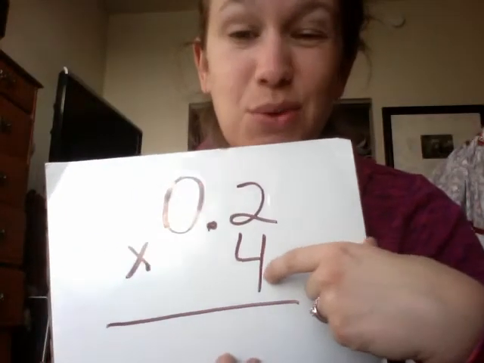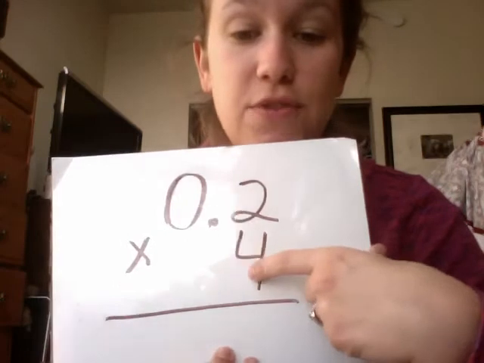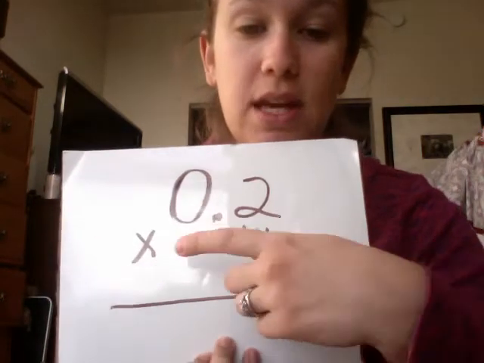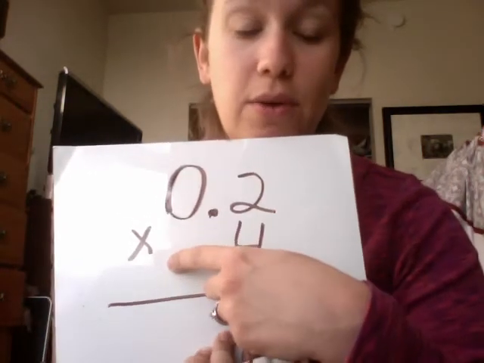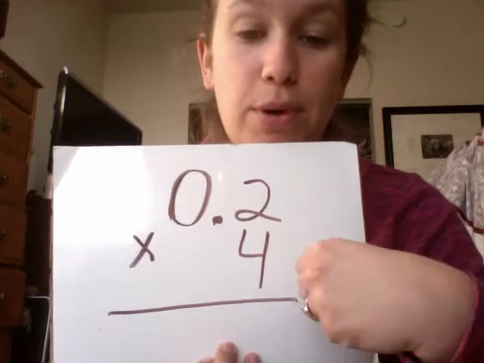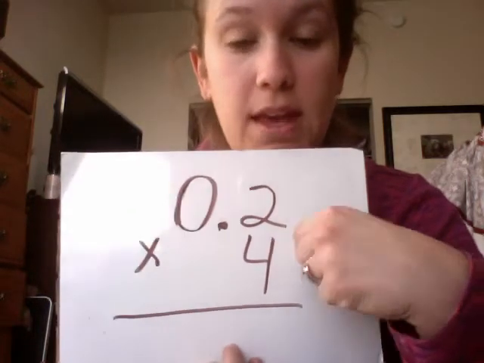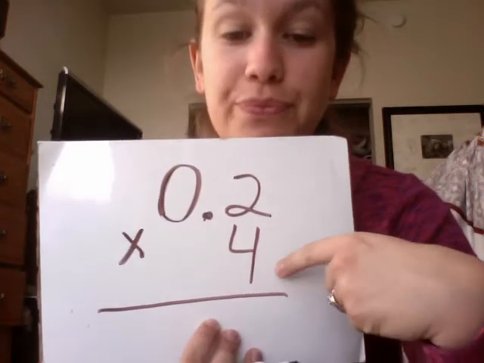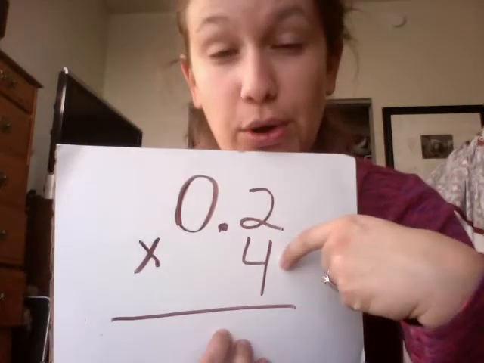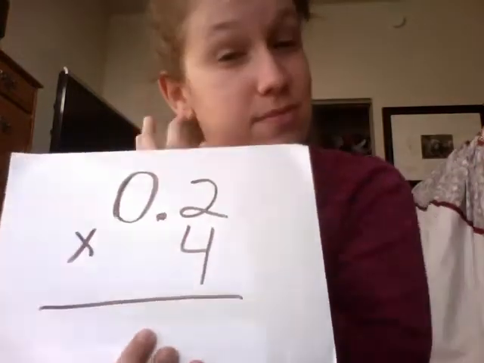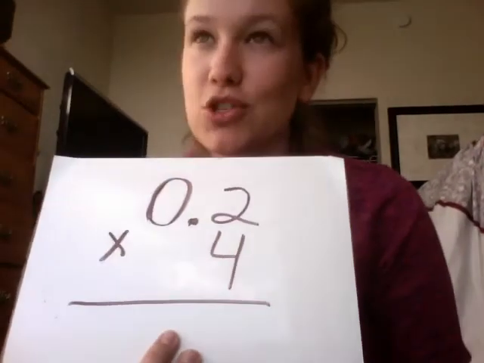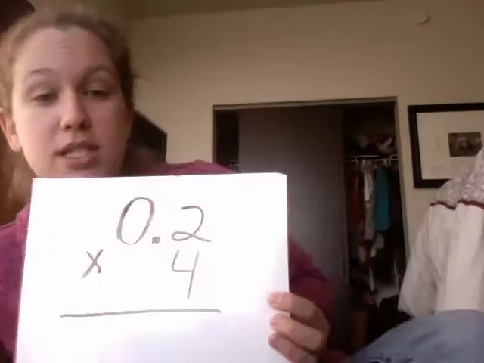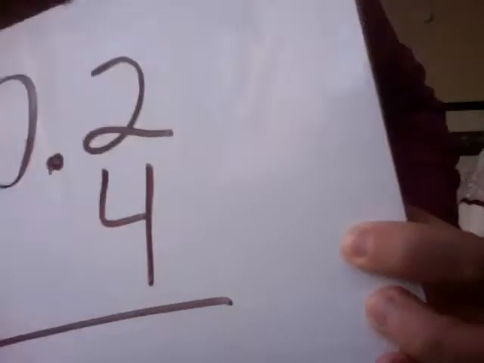So this would look crazy, right, if we were adding, because this 4 is in the ones place. It would need to be over here under the 0. But since we're multiplying, we put it all the way to the right, because it's like we're multiplying a number with just a ones place by a 2-digit number.